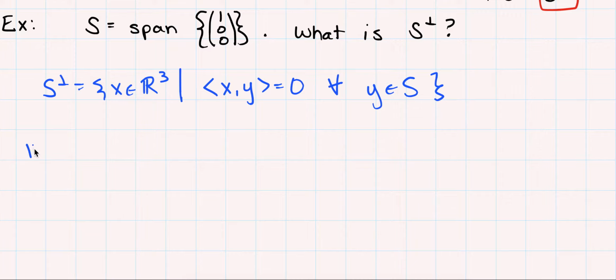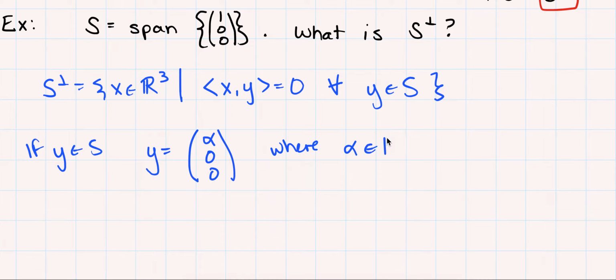So if y belongs to S, what does it look like? y is going to be some number, we can call it alpha, (alpha, 0, 0), because it's some linear combination of this vector, where alpha is just some real number.